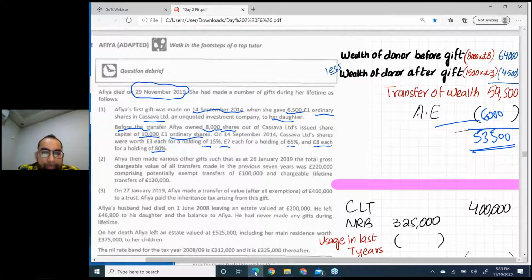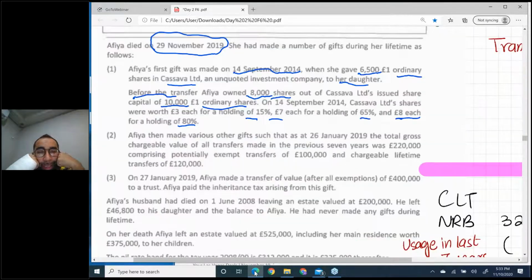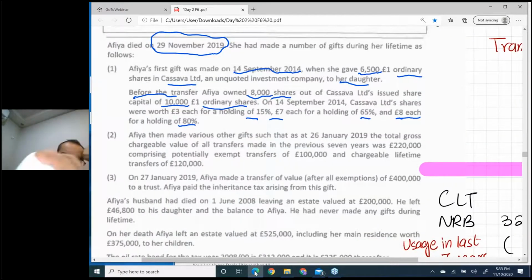Now, next, point number 2. I'm reading point number 2.